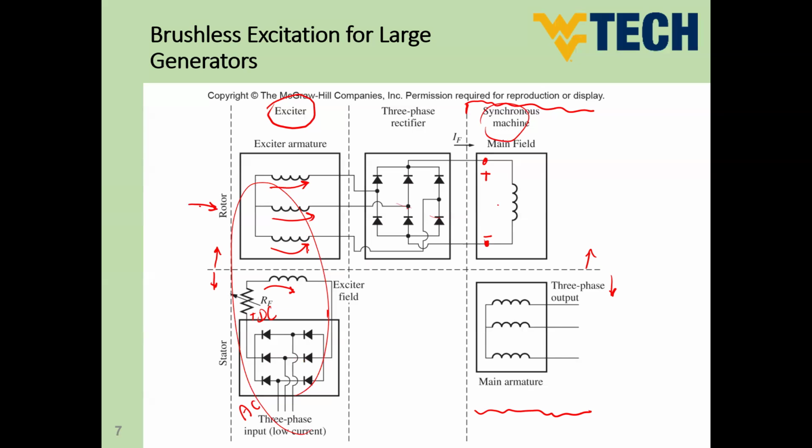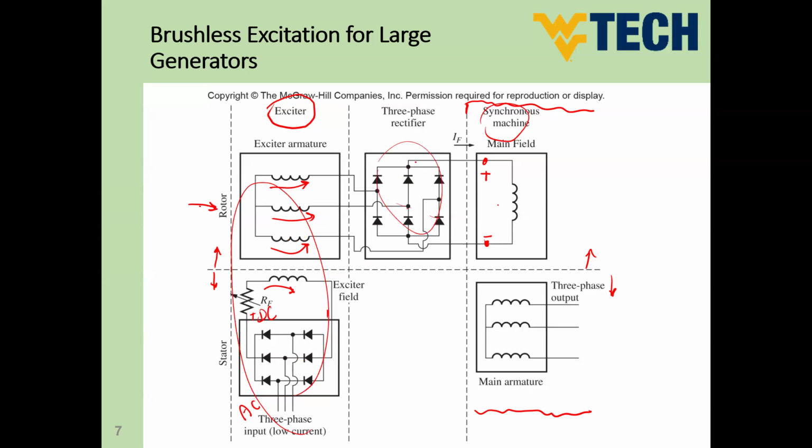The generated AC supply here on the rotor side will be rectified by means of a rotating rectifier. This rectifier is also installed on the rotor side.